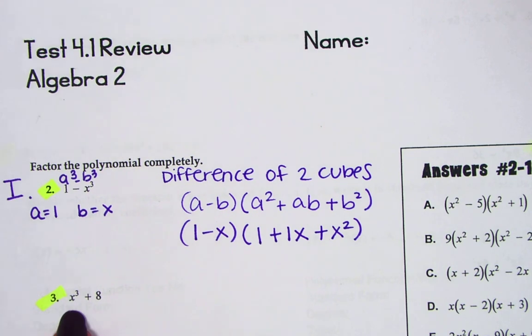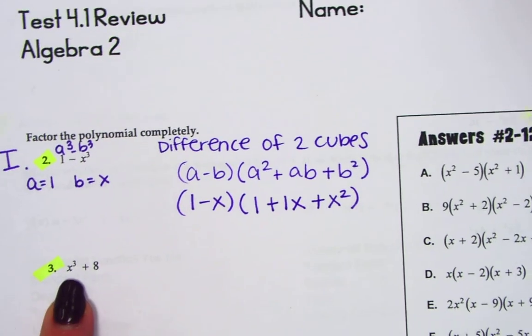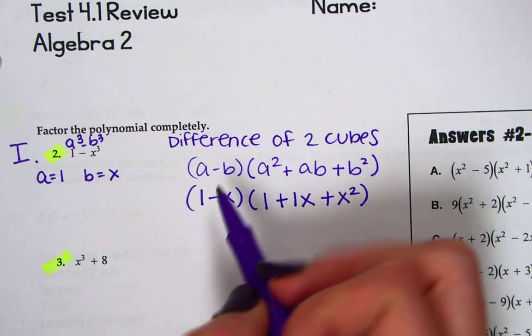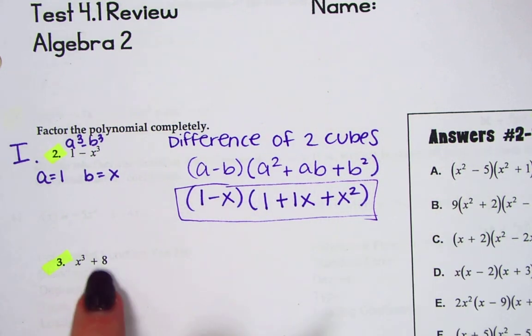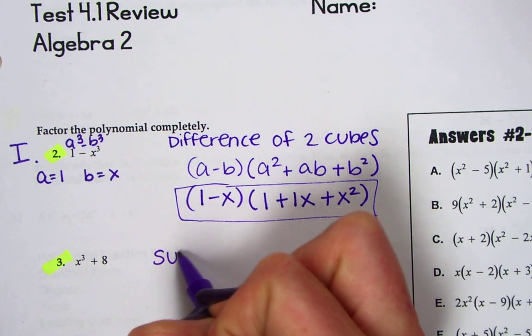Right, x cubed plus 8 is the next one I want to go over. And this is our answer here. Right, what do you notice about these two? They're both cubes, only it's not a difference because they're not subtracting, it's a sum of 2 cubes.